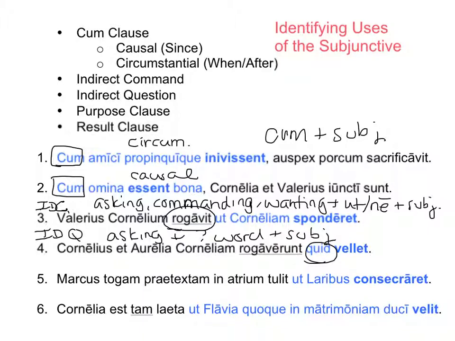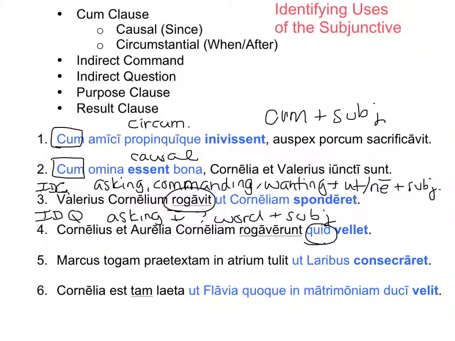When I move on, I'm just going to scroll this up just a little bit. To purpose versus result, both of those will have ut if it's positive plus the subjunctive. So we really need to think about what kind of information I'm getting. So Marcus carried the toga praetextam, his toga of boyhood, the toga with a purple border, into the atrium, ut laribus consecraret. So if we were just going to handle this alone, we've got the idea of he sacrificed it to the Lares.